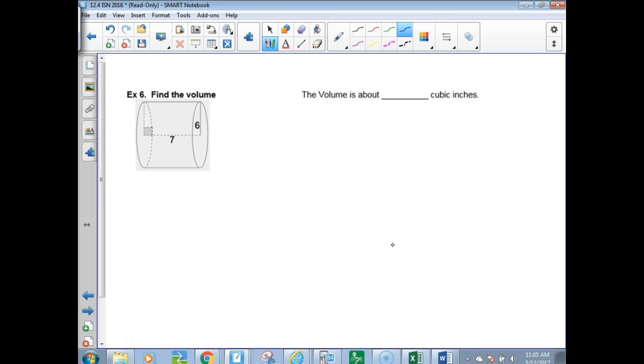Okay, find the volume. Now our cylinder is sitting more like a roll of toilet paper. It's got a radius of 6, and the height is the 7. Oops, I kind of wrote over that. All right, so this volume we do pi times 6 squared times 7.